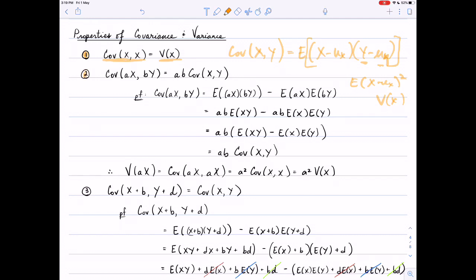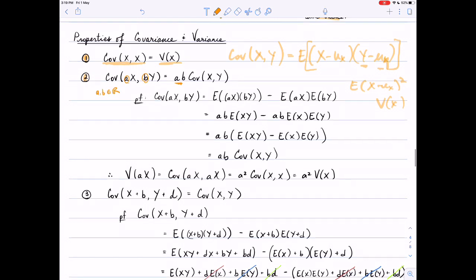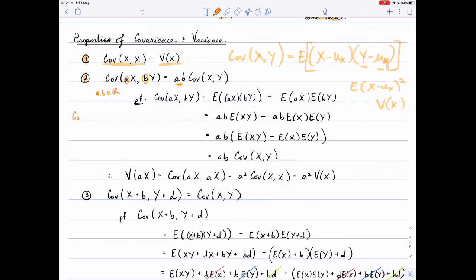Next, property number 2, the covariance of a times x plus b times y, where a and b are just real numbers, is equal to ab times the covariance of xy. Here we are using the computational formula of the covariance. The covariance of xy is the expected value of x times y minus the expected value of x times the expected value of y.